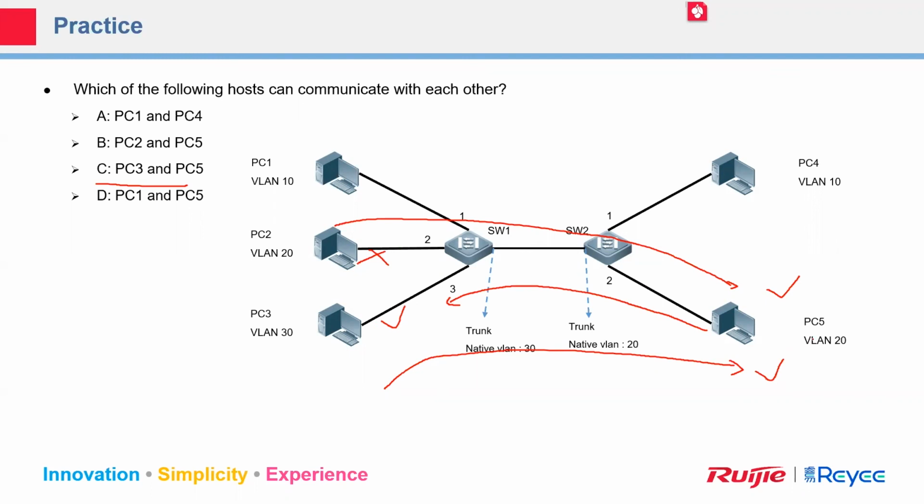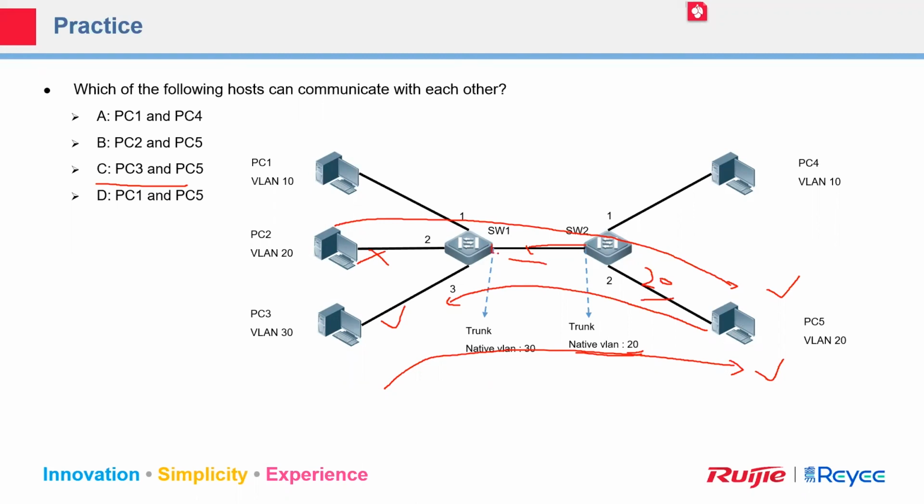Okay. So why, when PC5 sends a message, can only PC3 receive it, although they have different VLANs, right? PC5 sends a message to PC2. We will add VLAN 20. When the switch sends the packets out, it will compare our native VLAN with the tag VLAN, and we will find the VLAN is the same. If the VLAN is the same, we will delete the VLAN tag. So on the link, we will send out the packets without any tag information.